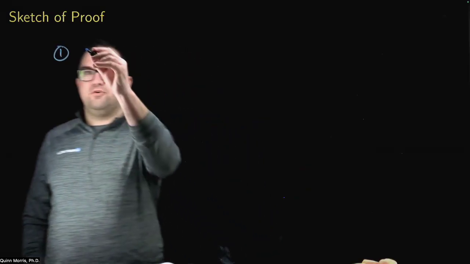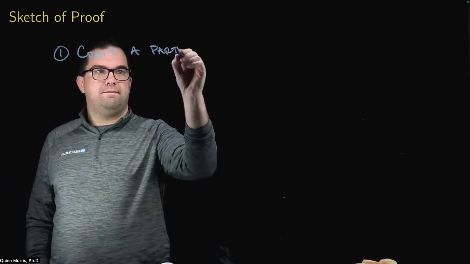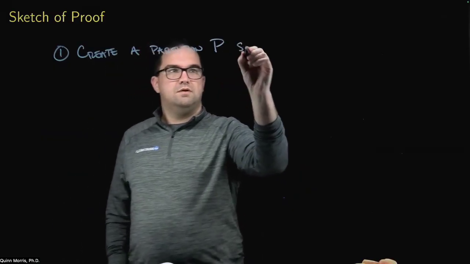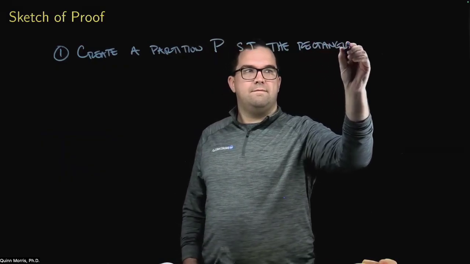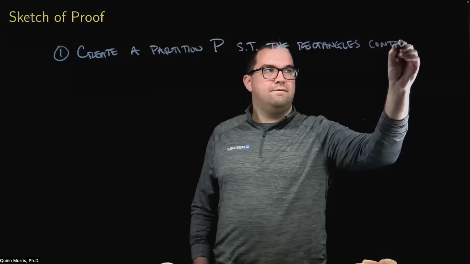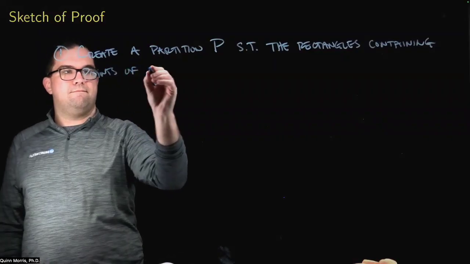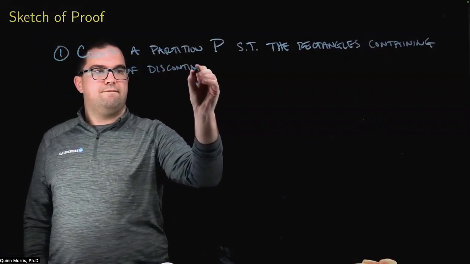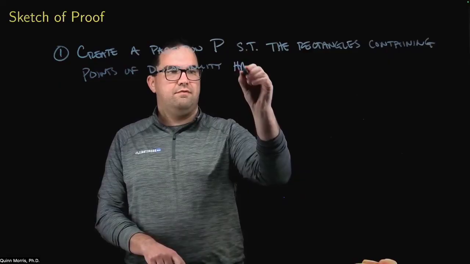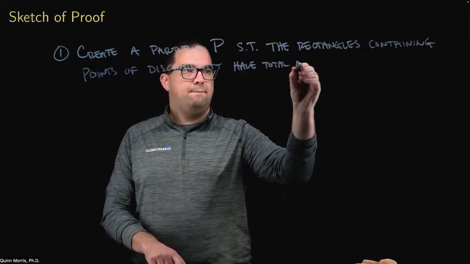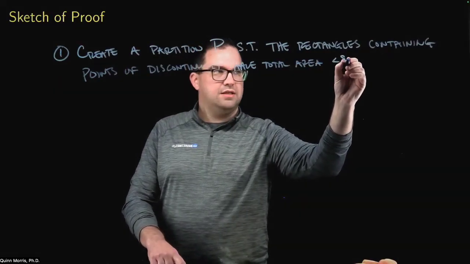Okay, so the first step is you essentially create a partition P such that the rectangles containing points of discontinuity have total area less than delta.